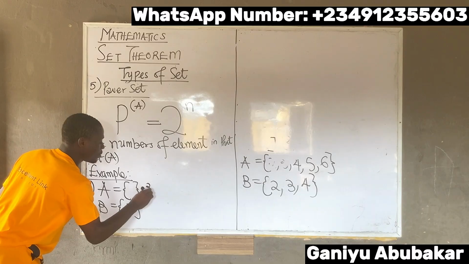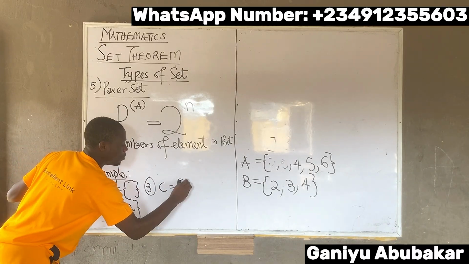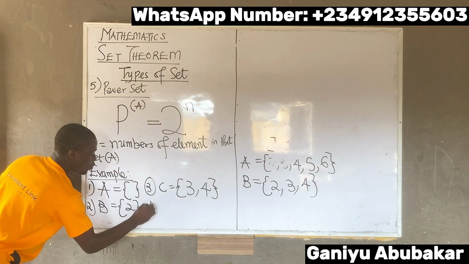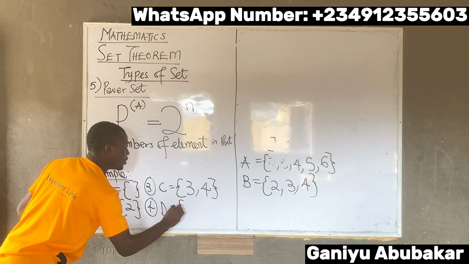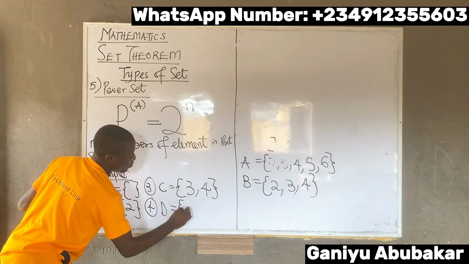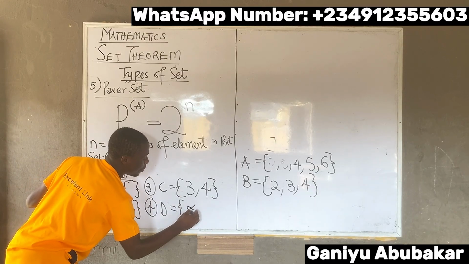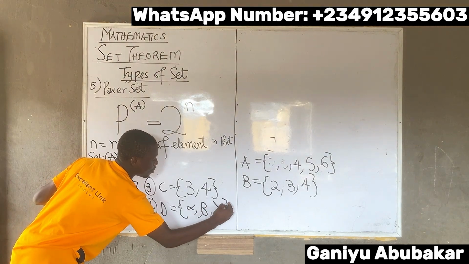Question 3 says I have set C equal to, let me use 3 and 4, two elements. Question 4, let's use D equal to three elements: alpha, beta, and gamma.